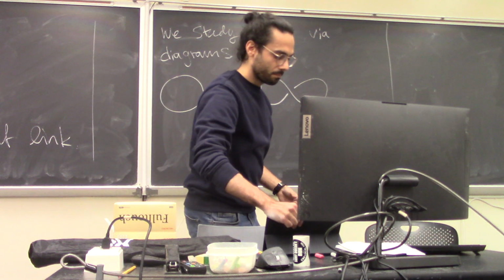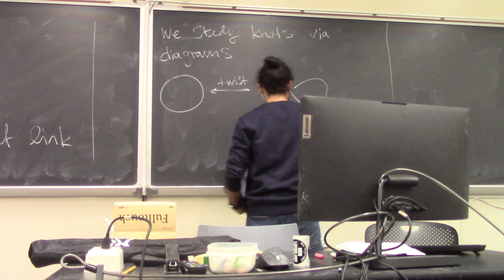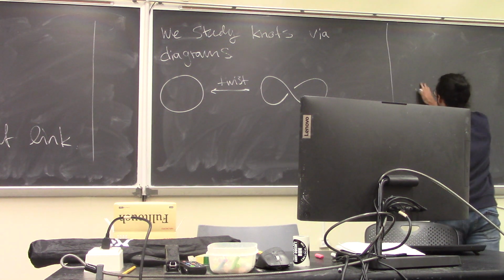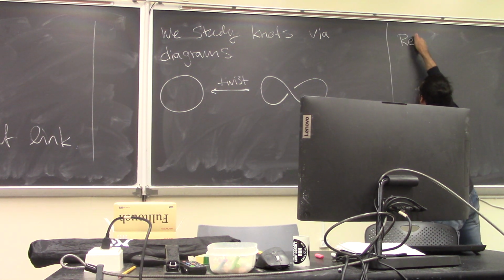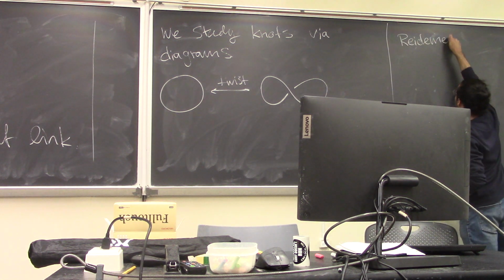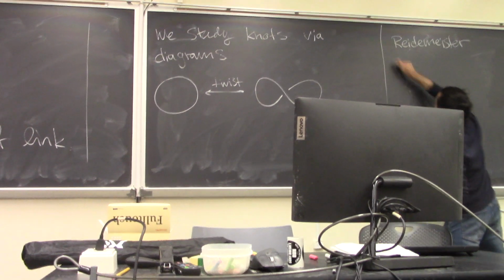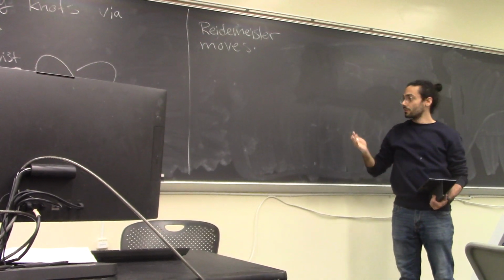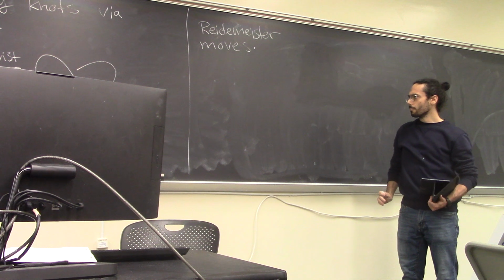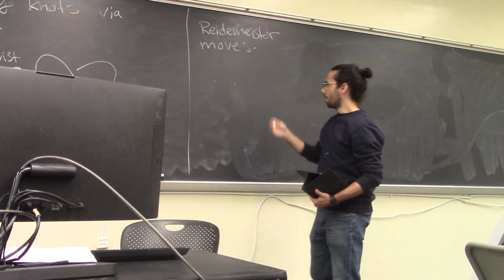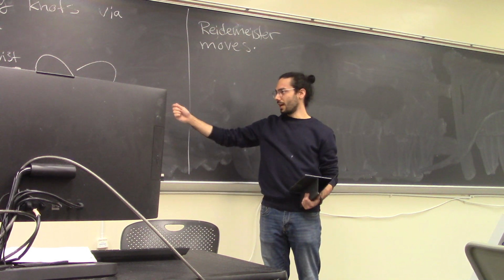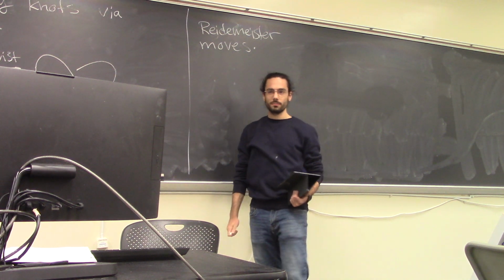And so there are some moves called Reidemeister moves. There are 3 Reidemeister moves. I'll draw them in a second. And these moves tell us when two knot diagrams represent the same knot.